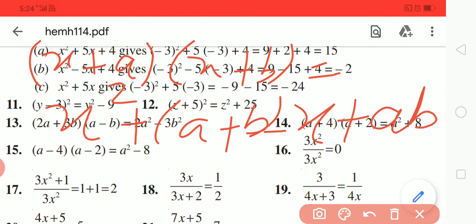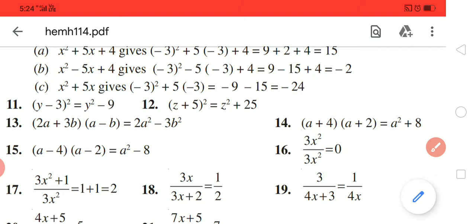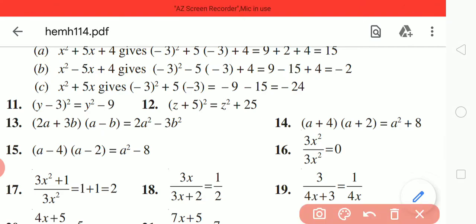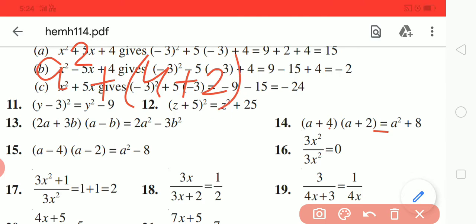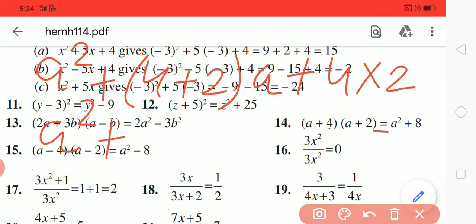You have to write this identity first, and now start solving. This is x square, meaning a square, plus the sum of these two constant terms, 4 plus 2, multiplied with the variable a, plus the multiplication of the constants, that is 4 and 2. You will get a square plus 6a plus 8.